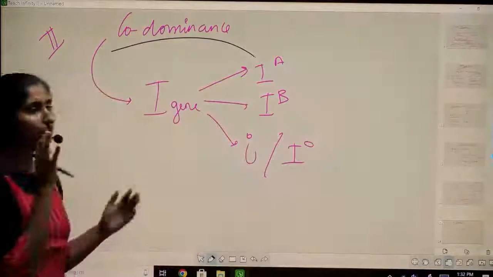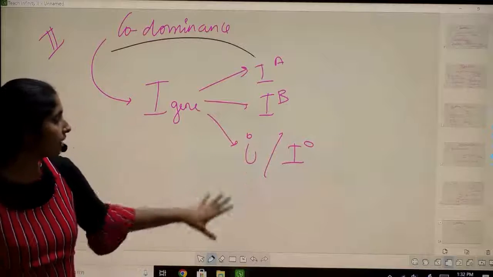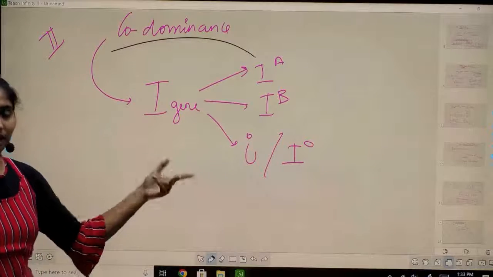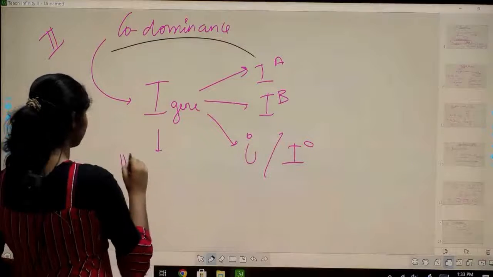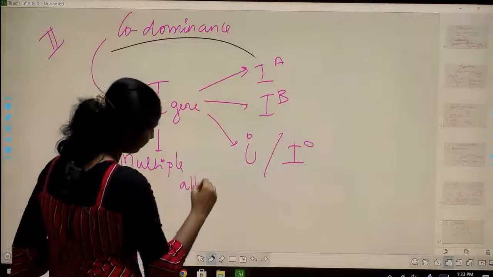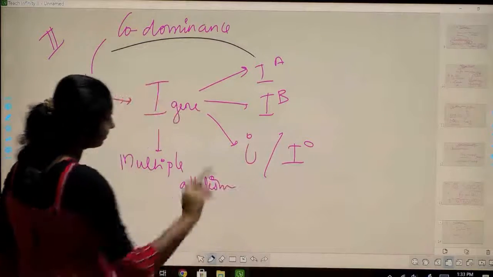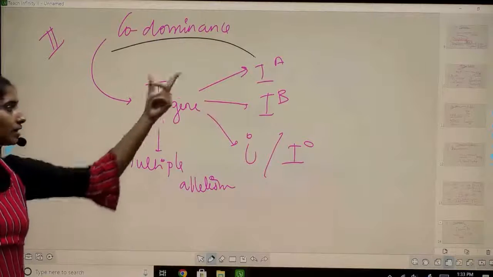Normally all the genes that we have considered till now have two alleles, but we see here that this particular gene has more than two alleles. So this shows multiple allelism, that is, it simply has more than two alleles. So the I gene has three alleles.